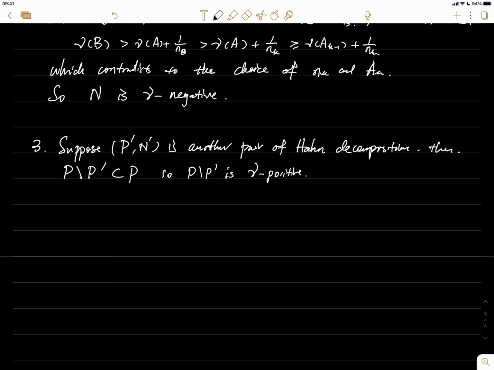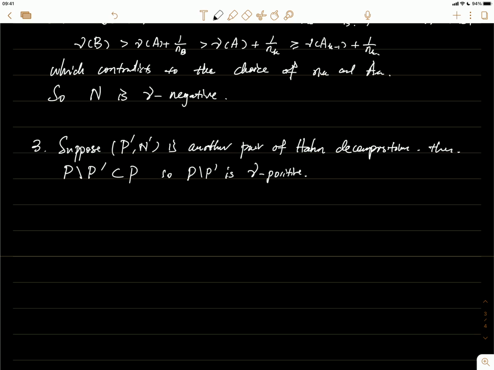Well, it could be nu null, but if the set is nu positive and nu negative, then it must be nu null.